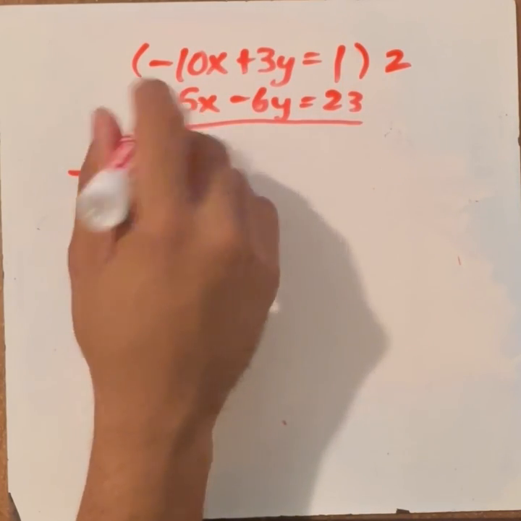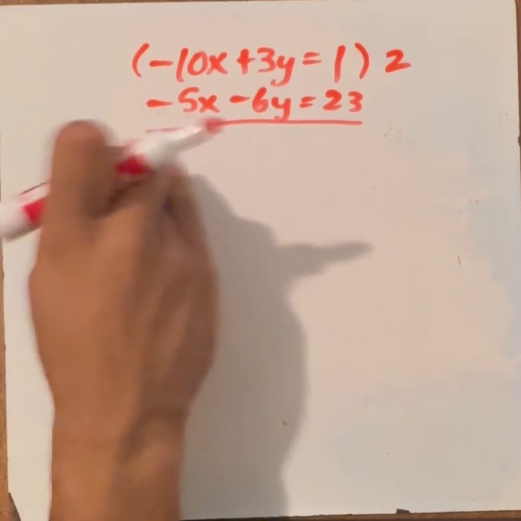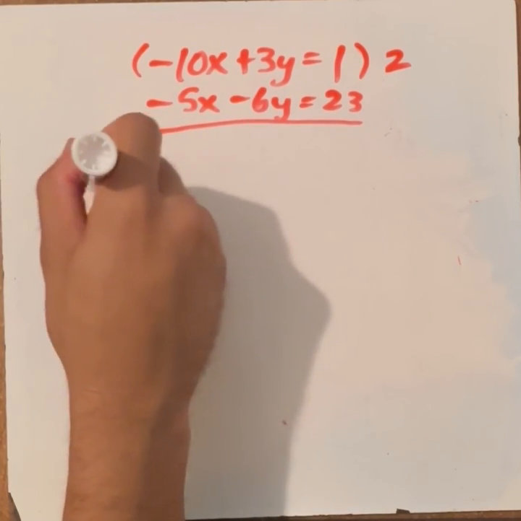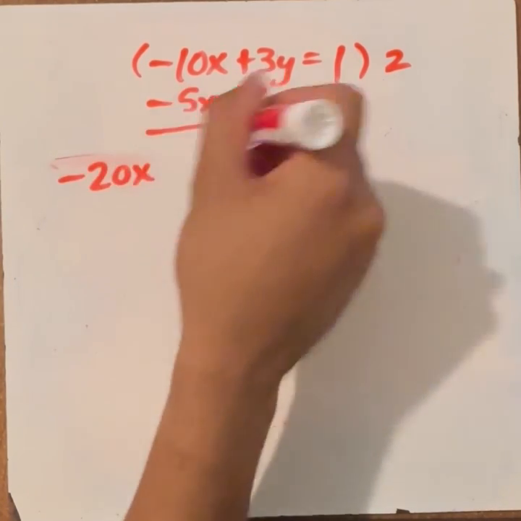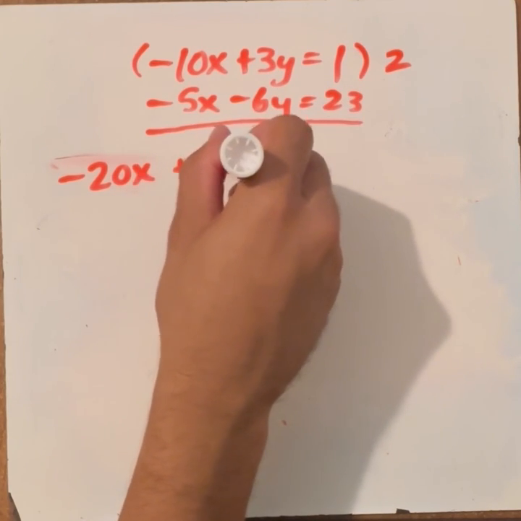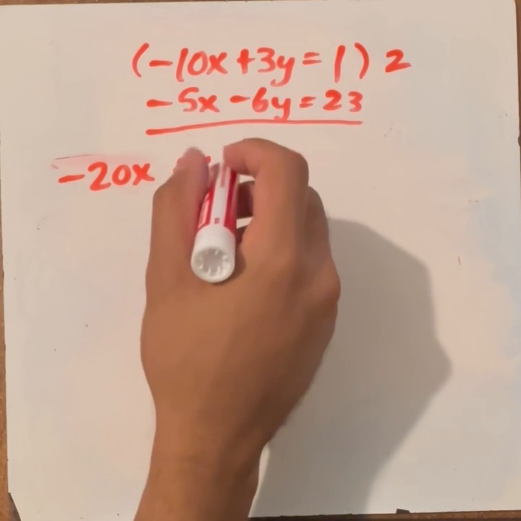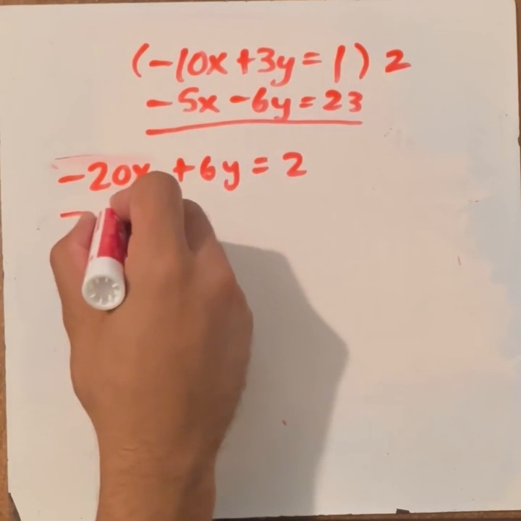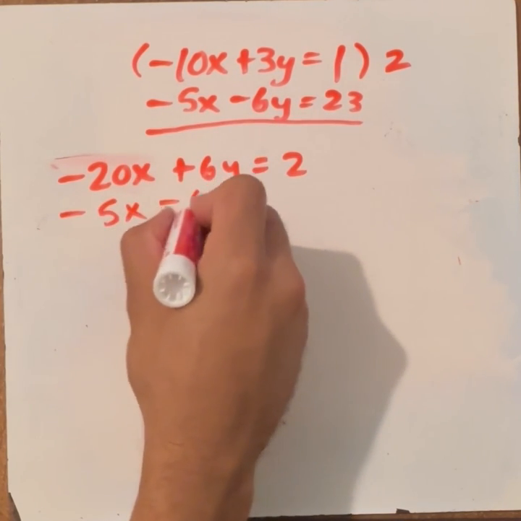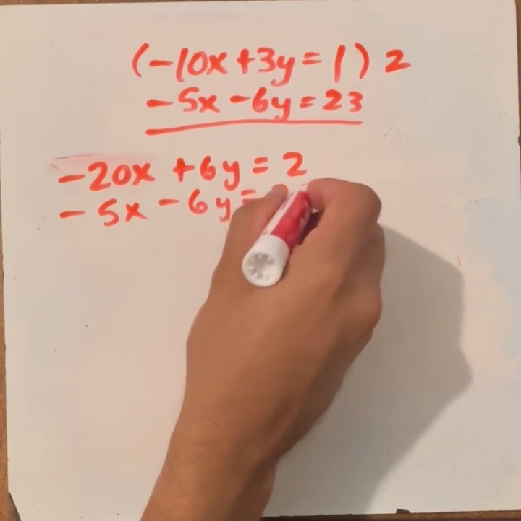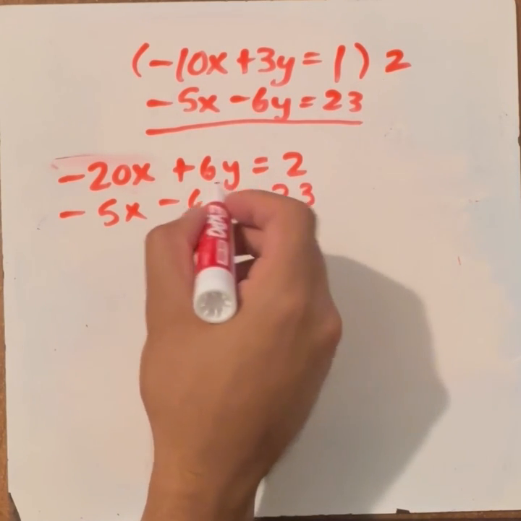We would get negative 20x plus 6y equals 2. Okay. On the bottom, we have negative 5x minus 6y equals 23. Okay.